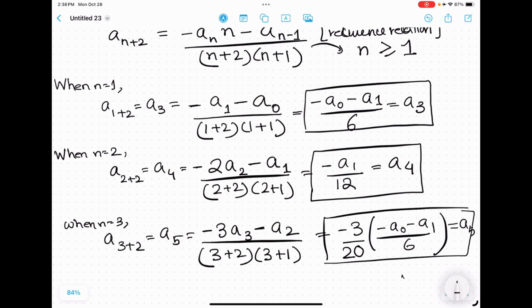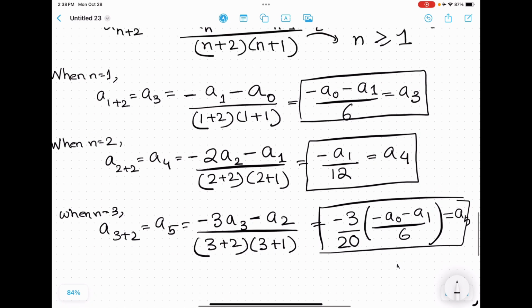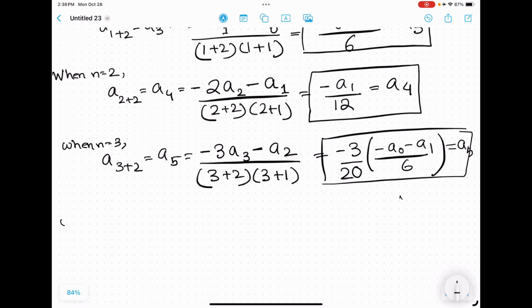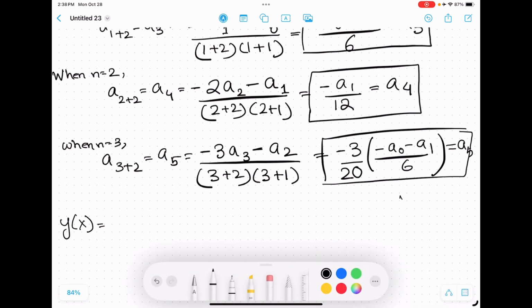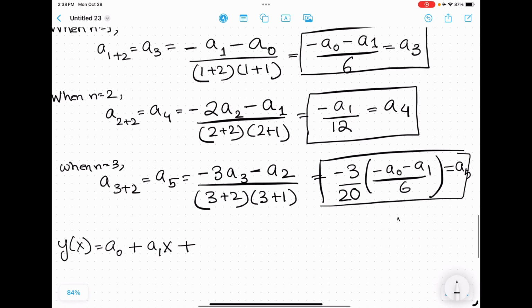Now, our question asked for 5 terms, so I think we are done with our 5 terms. Let's write our solution. I have my a sub 0, which is an arbitrary number, and then my a sub 1 x, again arbitrary. Then my a sub 2, like we've seen, is a 0. Then I have my a sub 3, negative a sub 0 minus a sub 1 divided by 6, x to the power 3.